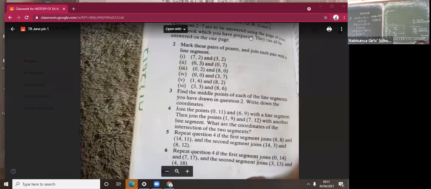Earlier, by coincidence, the number of steps coincided with the coordinates of the midpoint. That was not correct. After we have identified the midpoint, we read the coordinates.